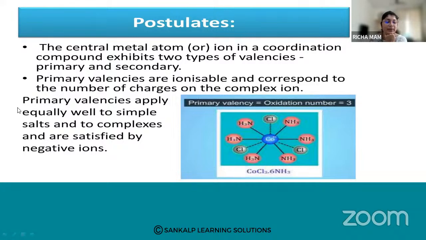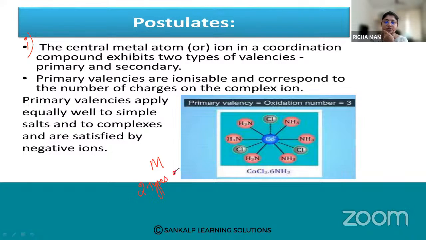Each metal atom or ion in the complex shows two types of valencies. The first postulate in Werner's theory is that the central metal atom or ion in the complex shows two types of valencies.